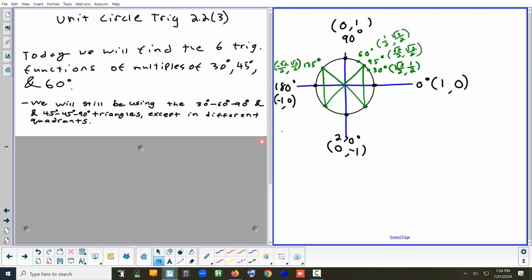I'm not going to draw every triangle reflected in every quadrant because then the diagram starts to get too much going on. But that's the 45 reflected in all the quadrants. This is 225. And this one is 315. Those are your 45s.